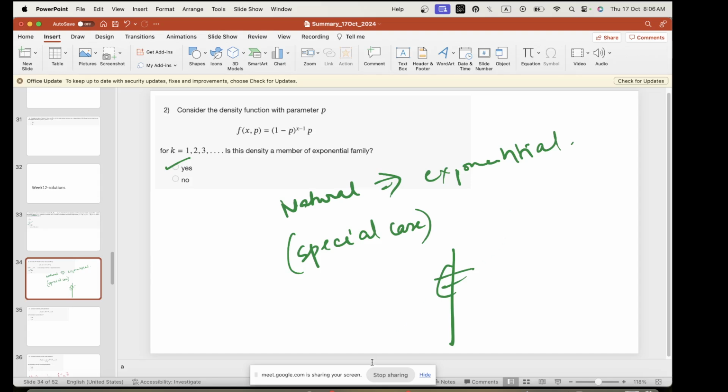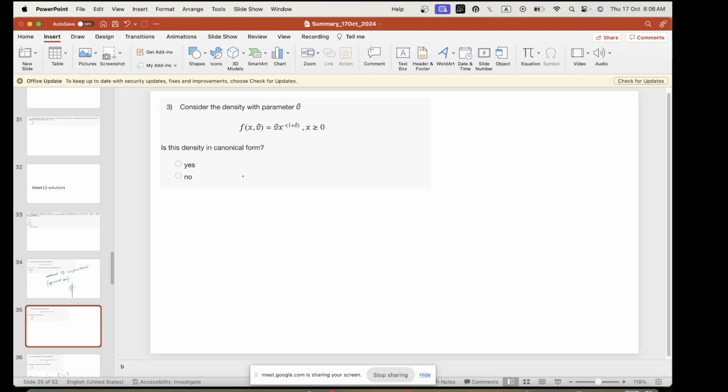Fine, so going ahead, this one, is this density in its canonical form? Ma'am, no, because it is the form of 1 plus theta. So if I solve it, it will not come up with the theta x form. Yes, theta x of theta, exactly.